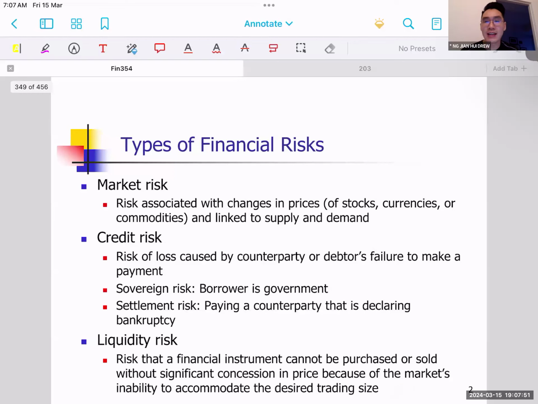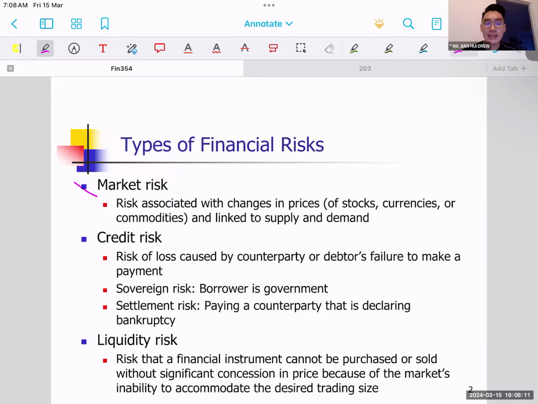So before we really dive deep into risk management using various derivative products, let's try to understand what kind of risks there are in the market. So let me just pull up my pen. Okay, so type of risk. The key risk that we like to focus on as a portfolio manager is, first of all, market risk.